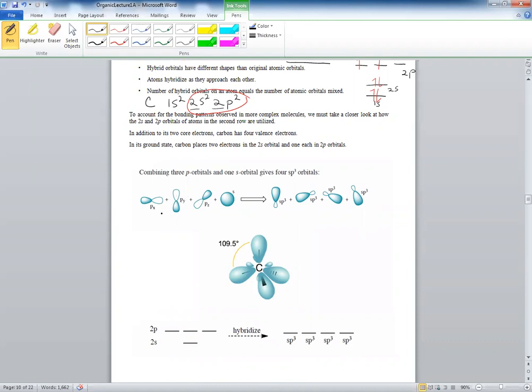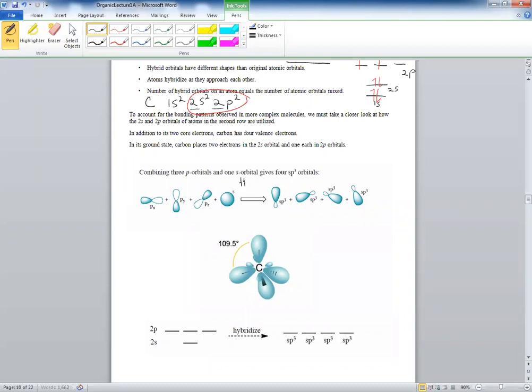So let's look quickly at the most common type of bonding. The way to do it is to take your 3 p orbitals and mix them with the s orbital. If you recall the shapes of the p orbitals, they look like an 8 or an infinity sign in 3 different axes. And then you have the s orbital, which looks like a sphere. If you mix them all together, combine them, you will get new orbitals.